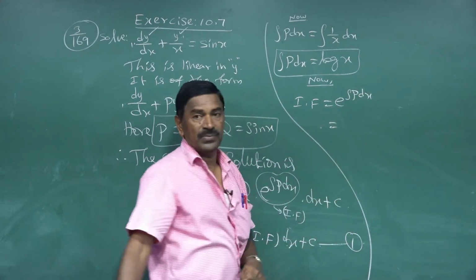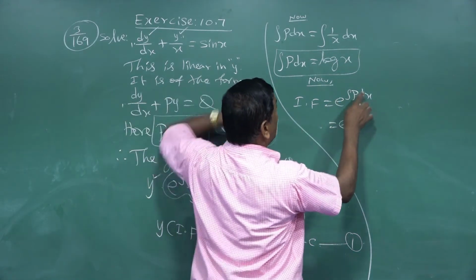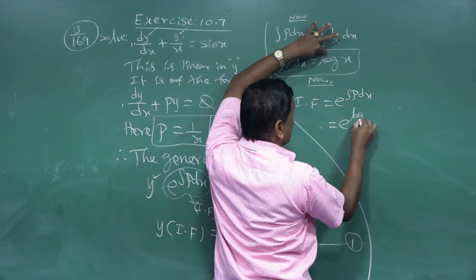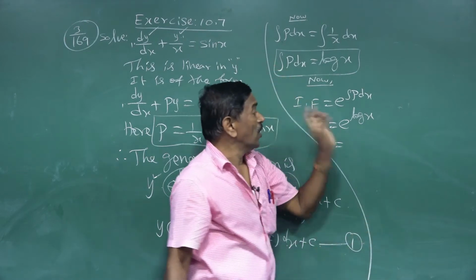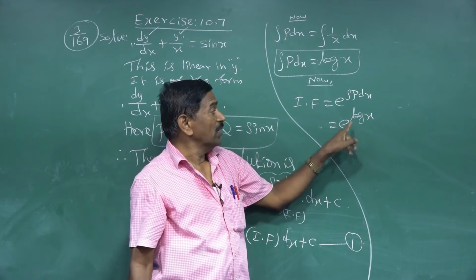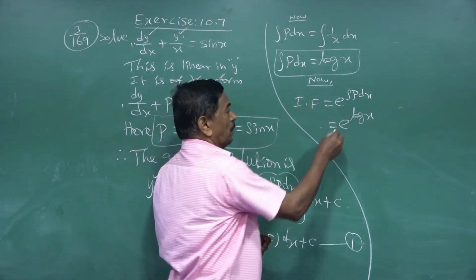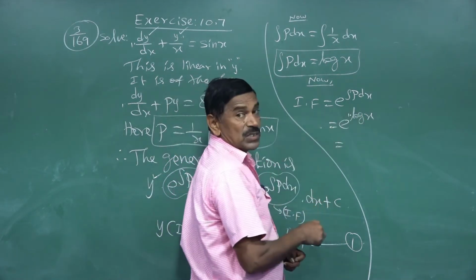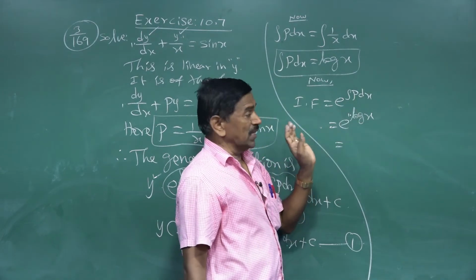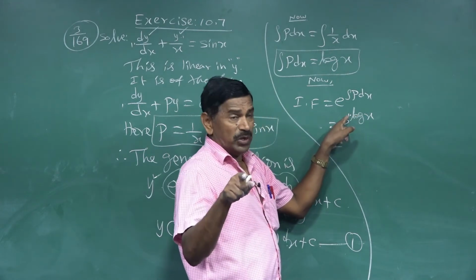Integral p dx is log x, so this is equal to base e power log x. Here the logarithm coefficient is 1. In this situation, base e and log cancel. When we can cancel, the logarithm coefficient must be 1, and only then they cancel.